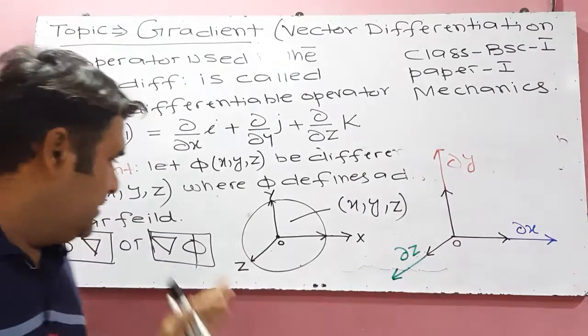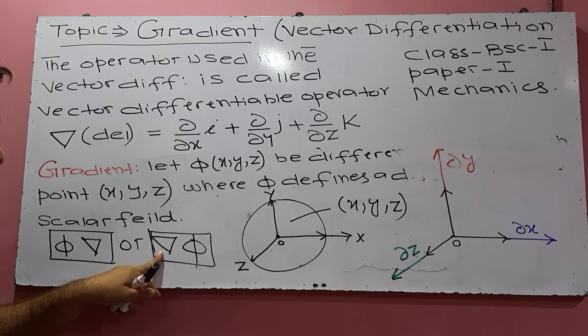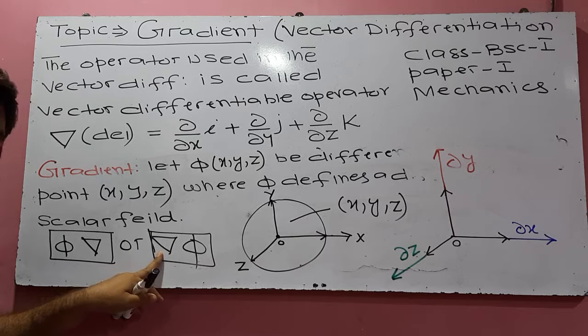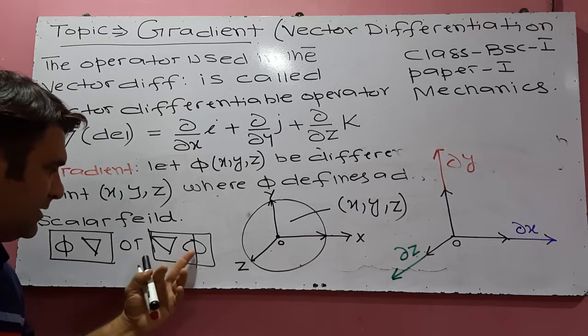Okay. Now the gradient, the del. Now insert the value of the del and then multiply by the scalar field.